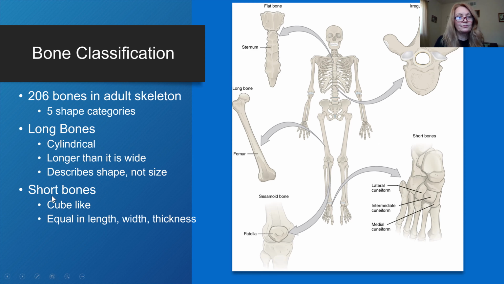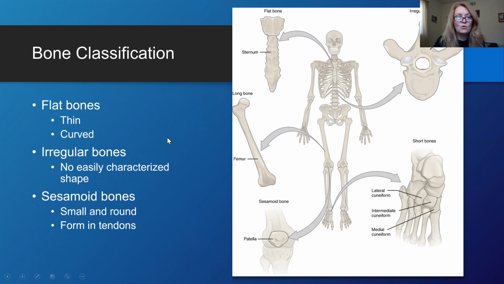Another category is short bones, and they're cube-like. They're equal in length, width, and thickness. In a second, we will see the whole table that puts all these shapes together and gives us some examples. But just over here, for example, your tarsal bones and your carpal bones are short bones.